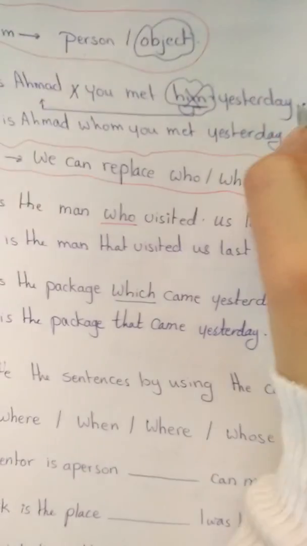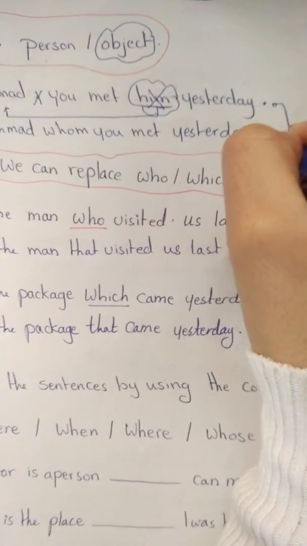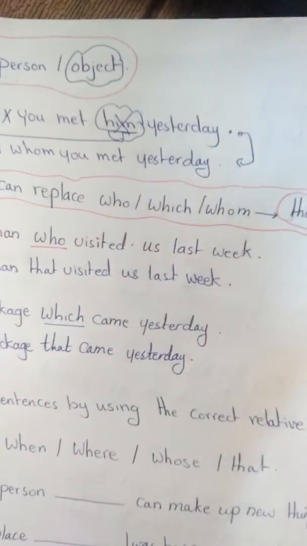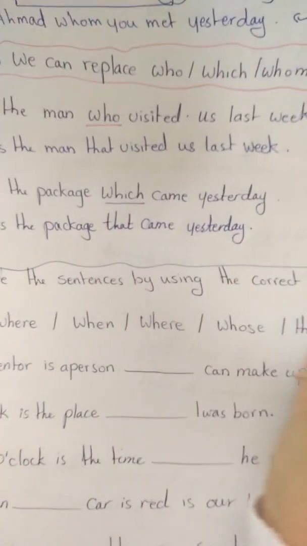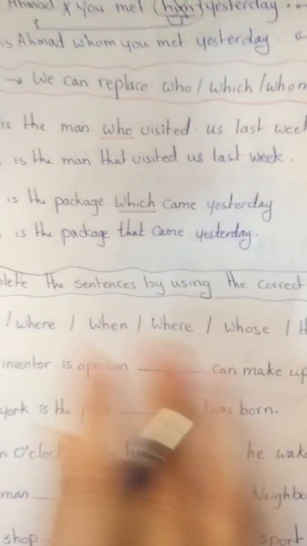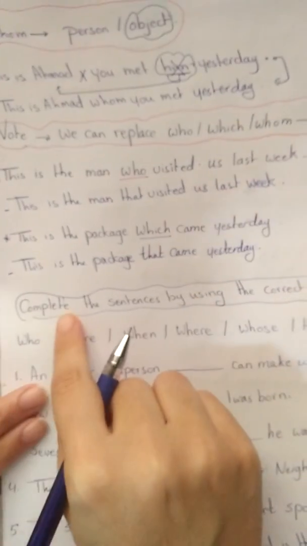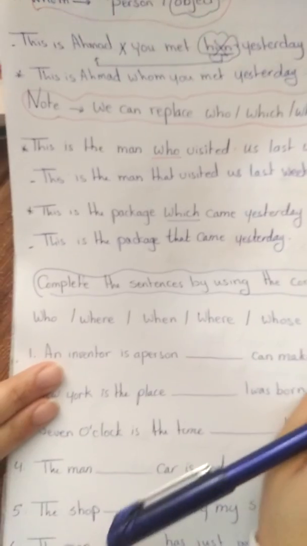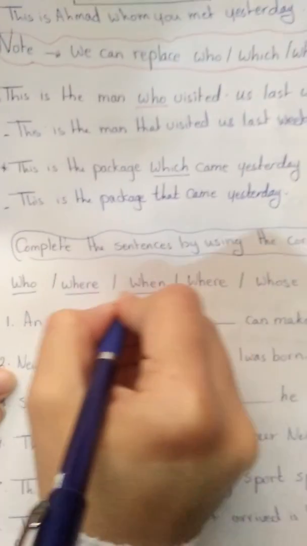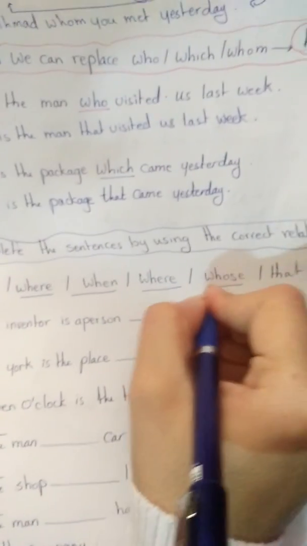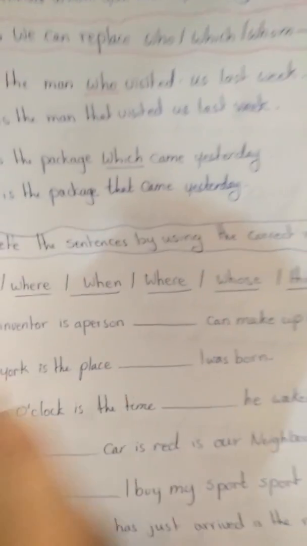Maybe it will come as rewrite the sentences, like here, or complete the sentences using the correct relative clause: who, where, when, whose, that.